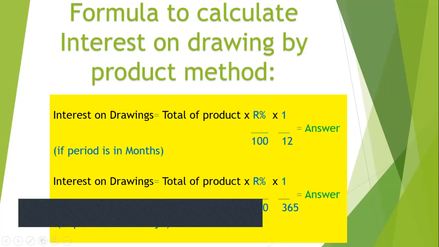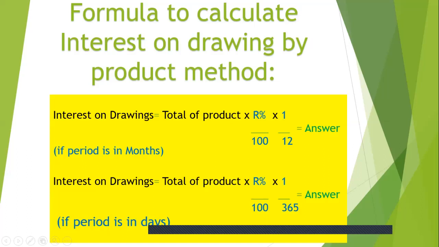So here I want to make it clear that if the period is in months, then we use total of product into rate of interest upon 100 into 1 by 12. And if the period is given in days, we apply 1 by 365.